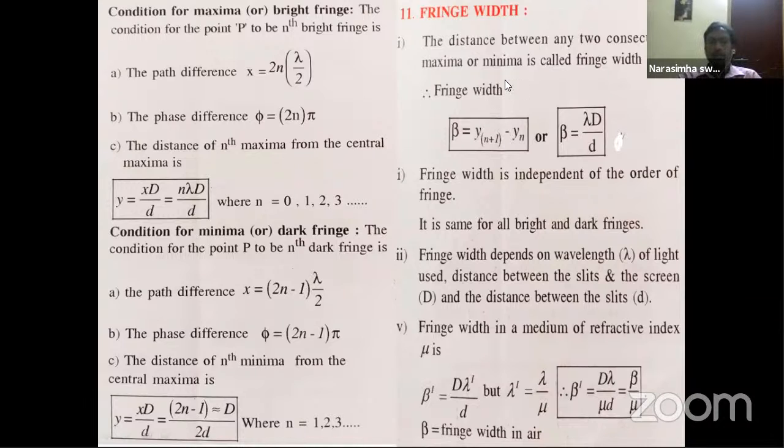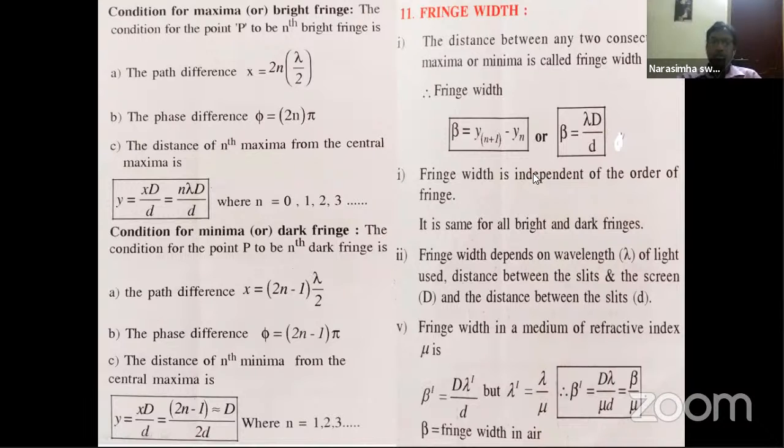For example, we are calculating for bright: the displacement of the (n plus 1)th fringe minus the displacement of the nth fringe. So here are the two formulae. Subtract these two and you get the same value, lambda D by d.